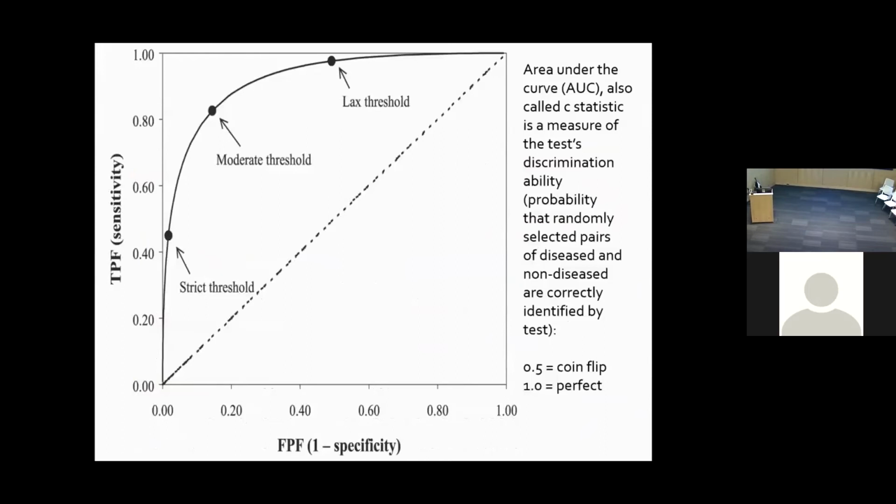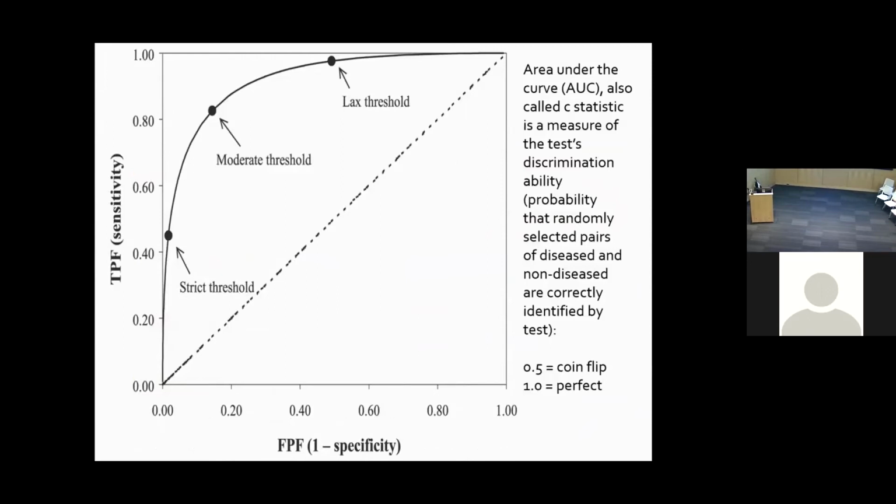You can also calculate the area under the curve, which is also called a C statistic. And that's a measure of the test's discrimination ability, which is the probability that randomly selected pairs of diseased and non-diseased are correctly differentiated. That if I get a random diseased person and a non-diseased person, and I run the test on them, and I say that one's diseased and that one's non-diseased, that's the probability that will happen.